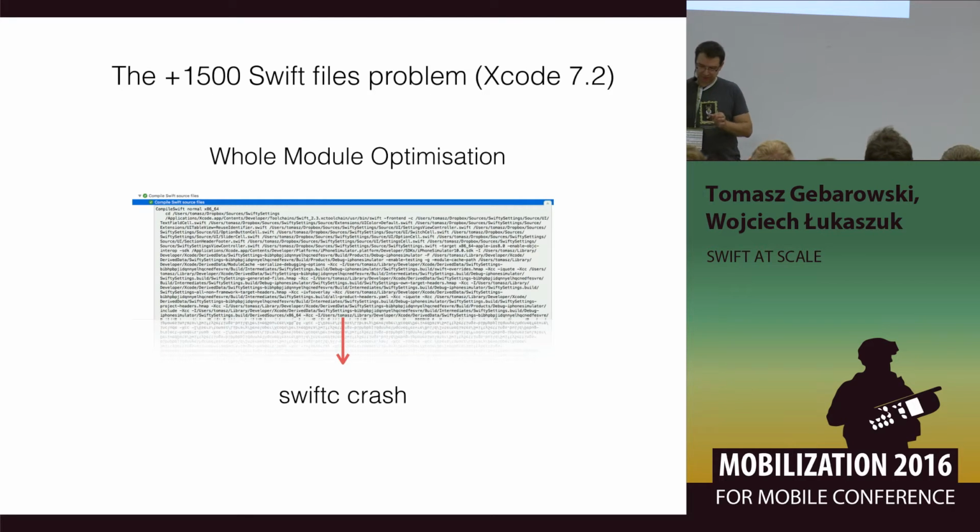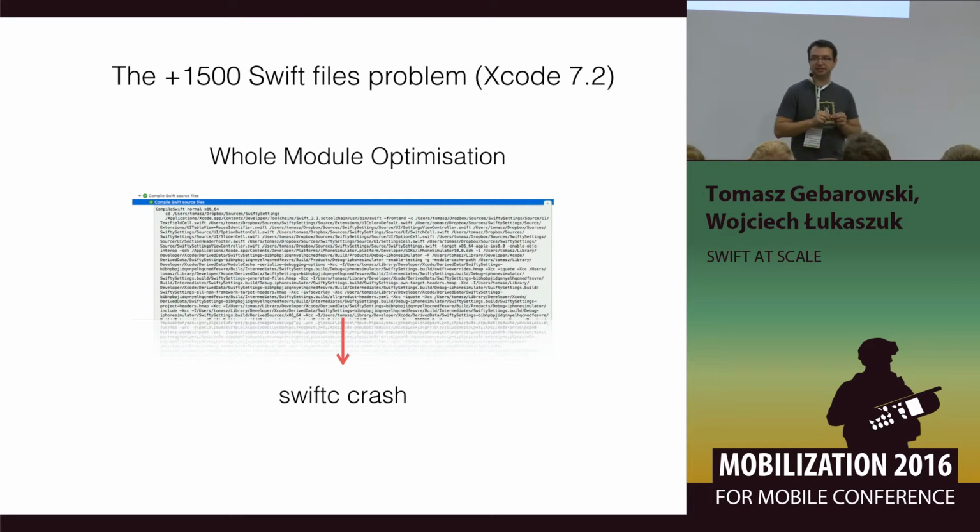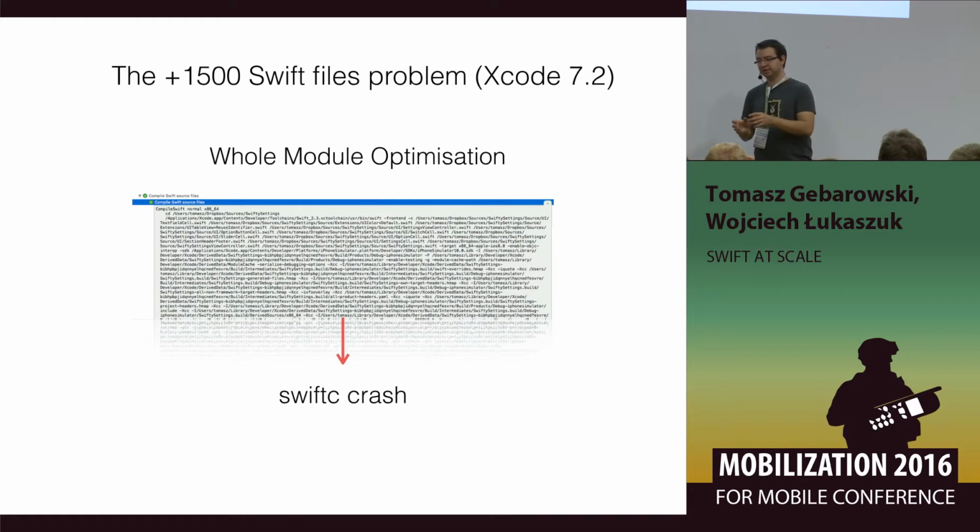And we had a problem with whole module optimization when we migrated to Swift 2 and we were using Xcode 7.2. The problem was that when we were using whole module optimization, the list of all the files in the project was put into a single Swift-C invocation.